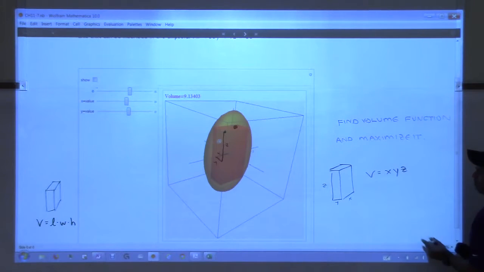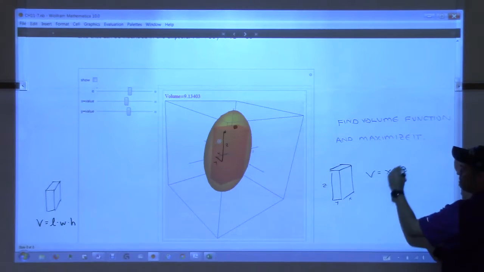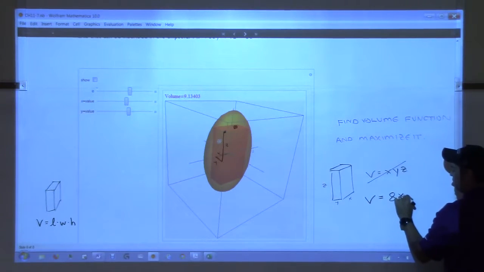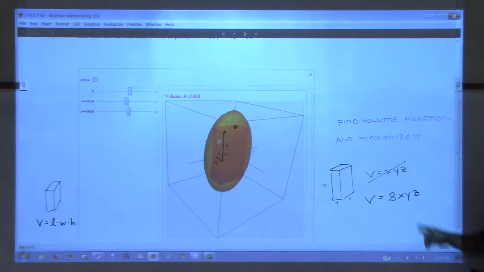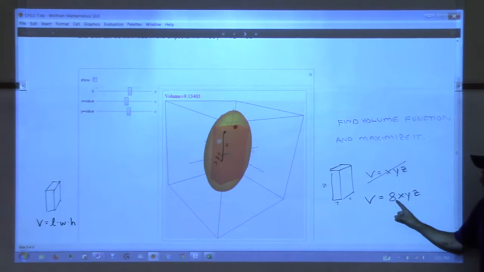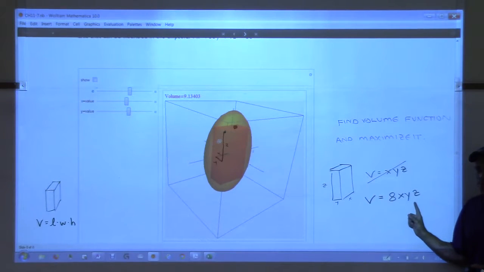So when we're looking at our entire box, we actually want to look at the volume as being 8 of these things, right? So our volume that we're trying to find the maximum of right now is a function of three variables, x, y, and z, times 8 because of the picture, right? So how do we get this to a function of just two variables? What can we do?